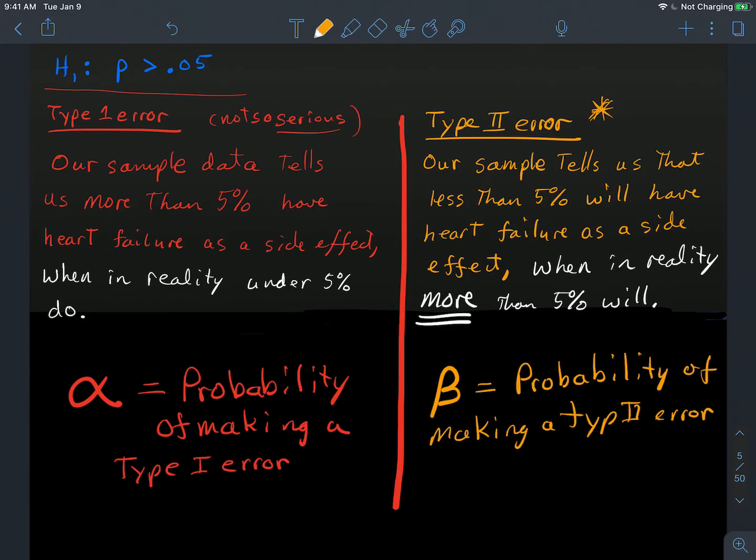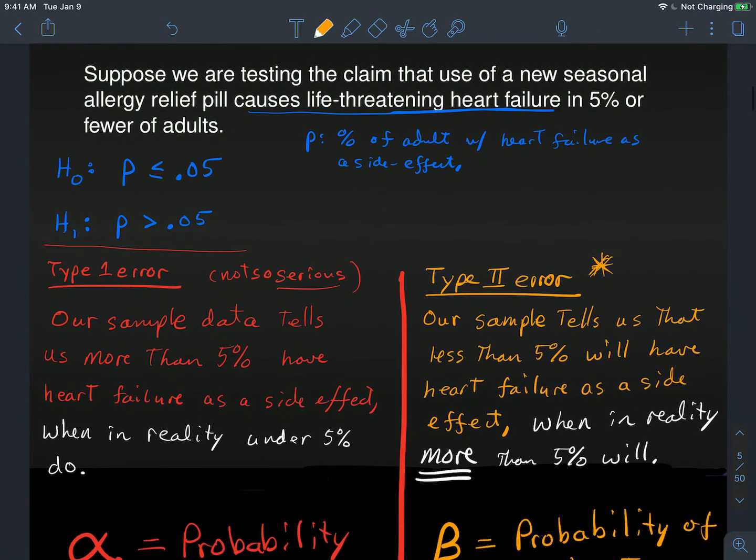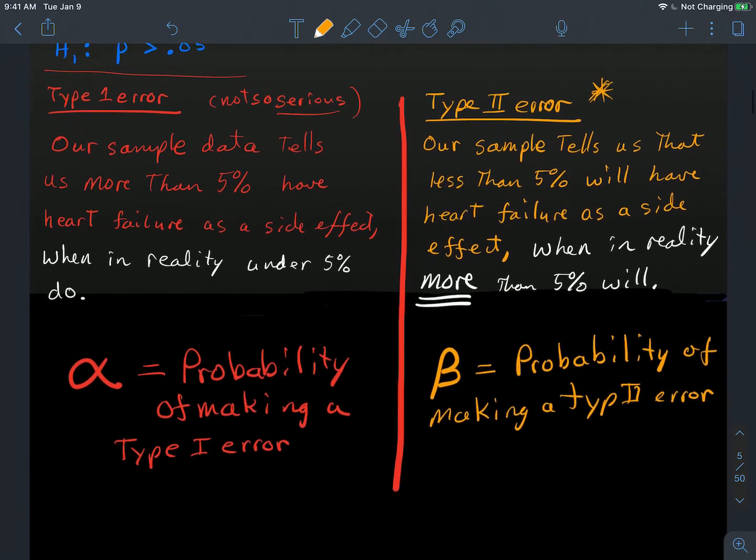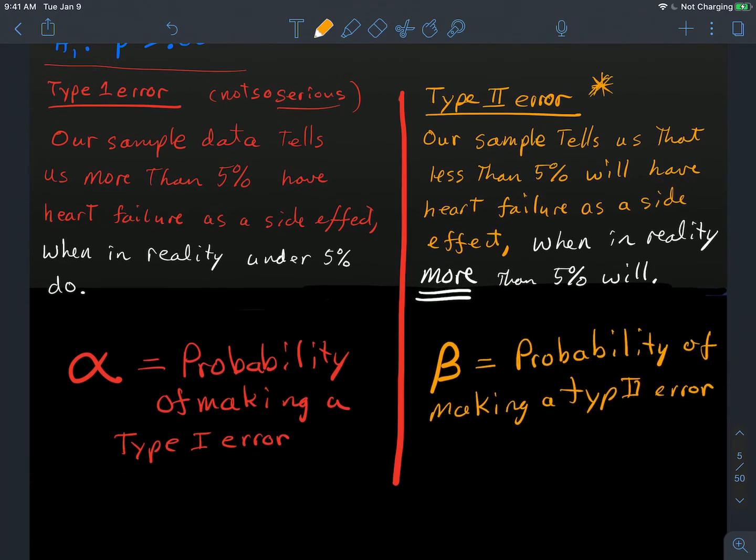Now we're going to talk in a little more detail in a second about this, but the reason I bring this up is that by investigating this particular hypothesis test, we've realized that the type 2 error is more dangerous. And so what we would do as researchers is make sure that beta is under control.